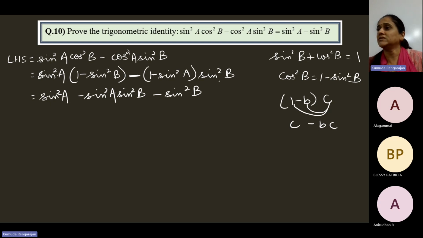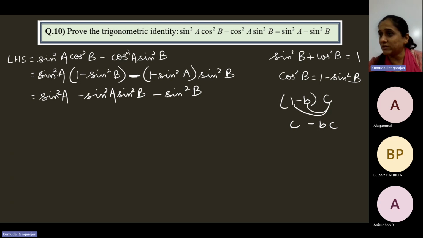Where are you seeing, Niveda? We have to multiply sine square B, the terms in the bracket 1 minus sine square A, and the minus sign. So it's like you're multiplying minus sine square B into 1.